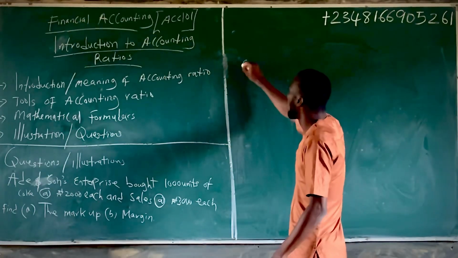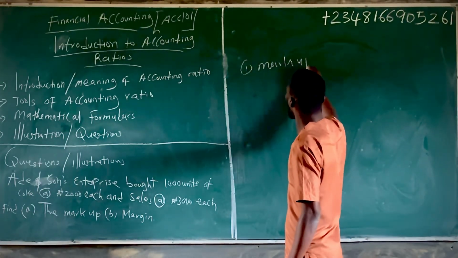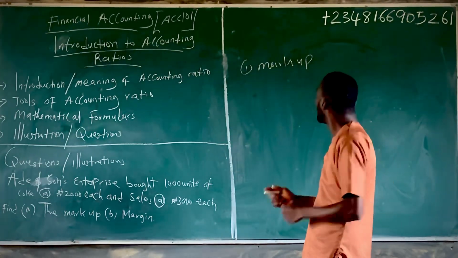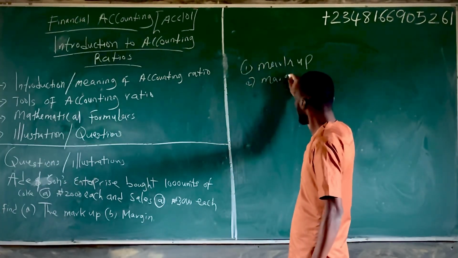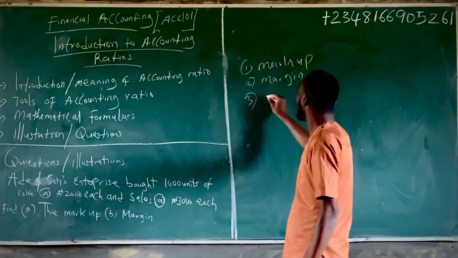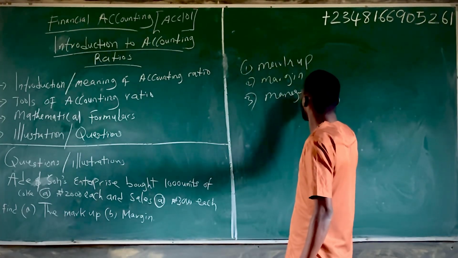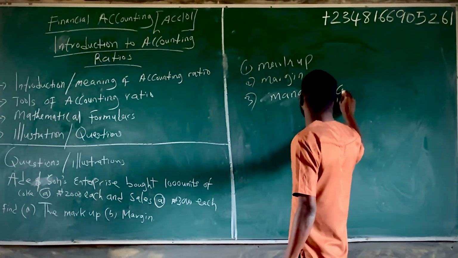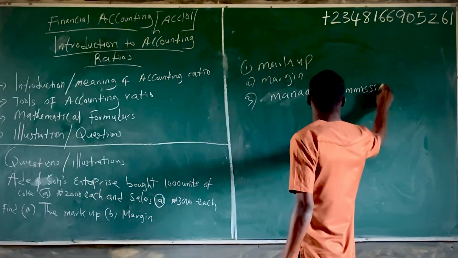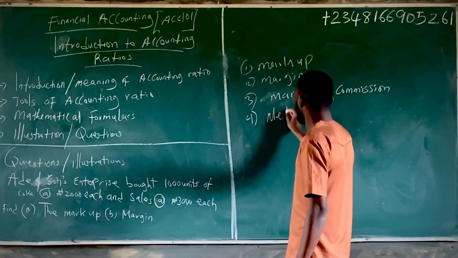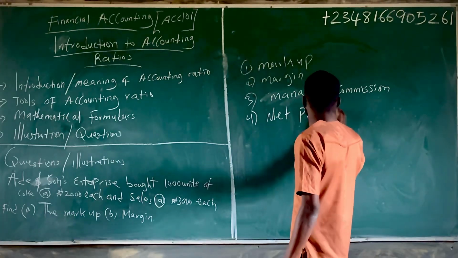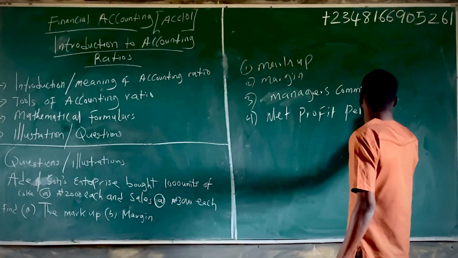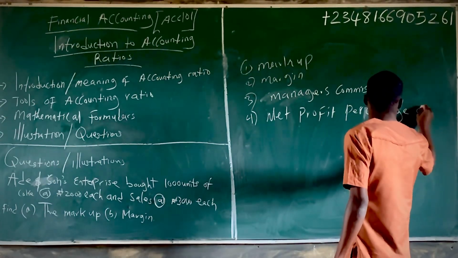These are the tools. The first one we have is the markup. We have the markup under the accounting ratios, to measure the rates, to measure the performance, to analyze. We have margin. Then thirdly, we have the manager's commission. Then we also have the net profit percentage of sales.